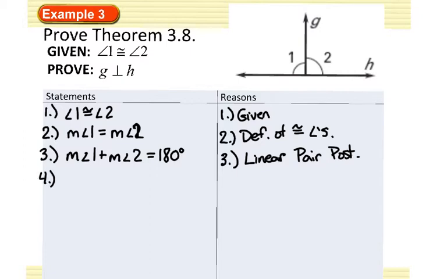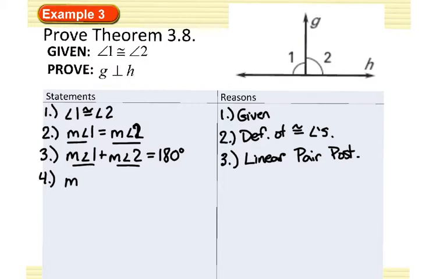Now on step 4, what we can do is either substitute angle 1 in for angle 2 here, or the other way around. We can substitute angle 2 in for angle 1. Doesn't matter which. Like I said, all we need to do is show that one of our angles, angle 1 or 2, is a 90-degree angle.